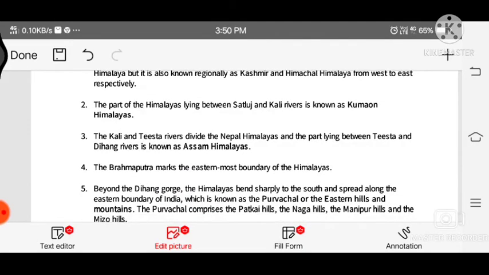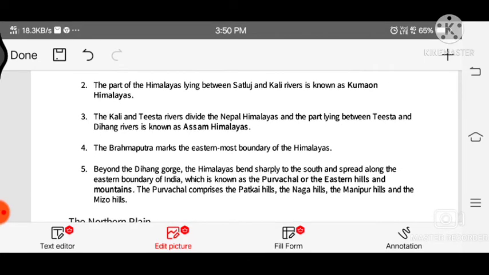The part of the Himalayas lying between the Satluj and the Kali river is known as the Kumaun Himalaya. The Kali and Tista rivers divide the Nepal Himalayas, and the part lying between the Tista and the Dihang river is known as the Assam Himalayas.